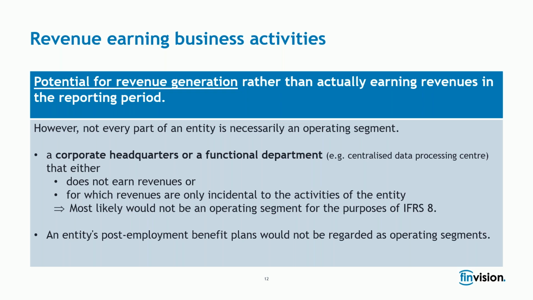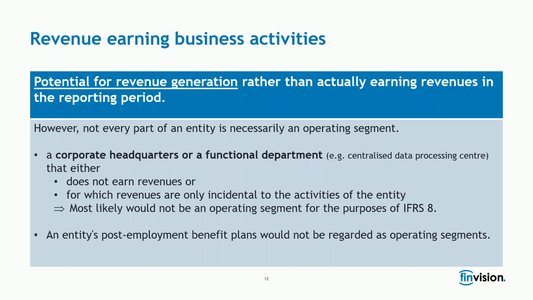The corporate headquarters or some common department like treasury, for example, or other central departments, they do not earn revenues. So starting point, I said, was revenues. They might accidentally have some revenues, but again, it will depend on facts and circumstances, that will not be in scope of IFRS 8.